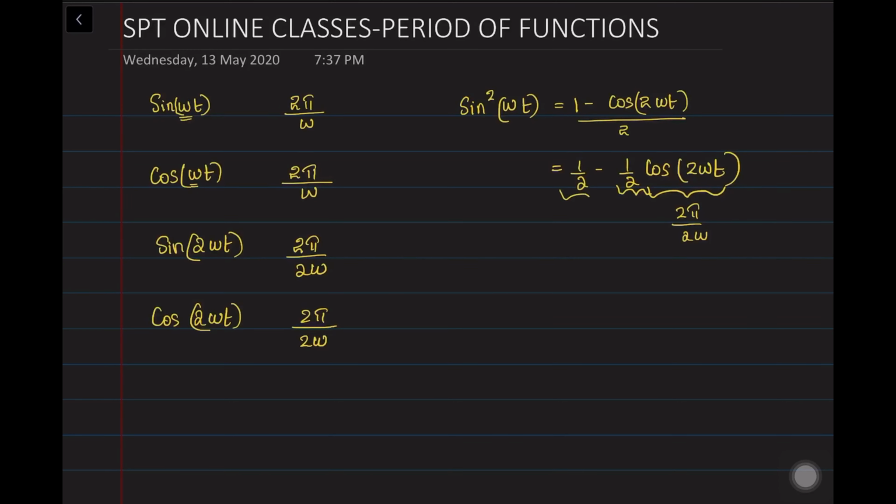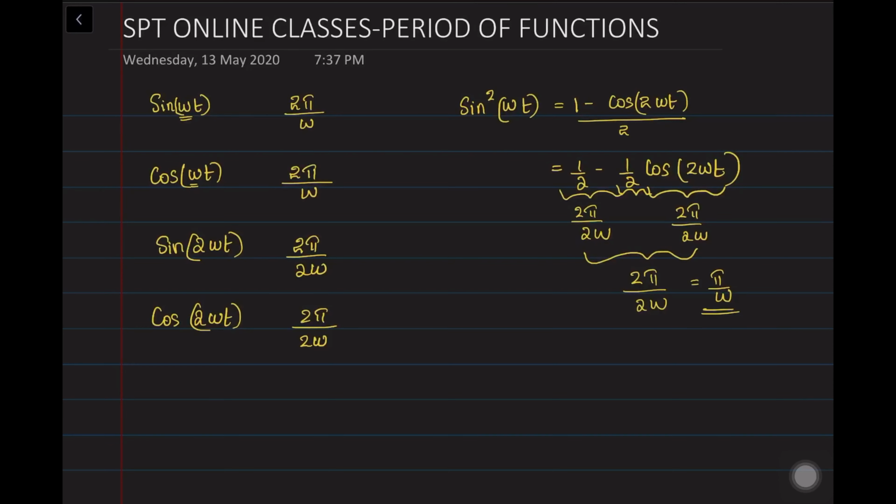The reason is because this constant 1 by 2 is also going to have the same period 2 pi by 2 omega, which I'll show you within a few minutes. So any constant along with a sinusoidal function, either by multiplication or division or addition or subtraction, is not going to change the period of the given function. So we can conclude that the period of sine square omega t is 2 pi by 2 omega or pi by omega.